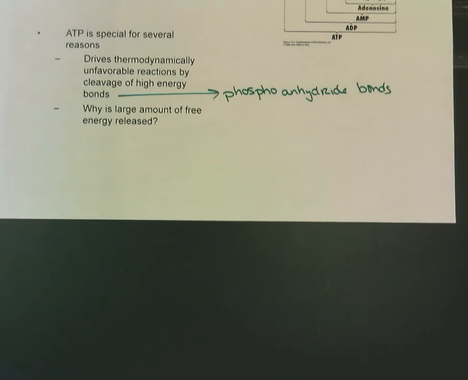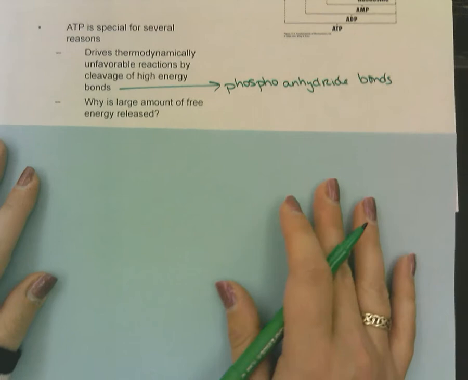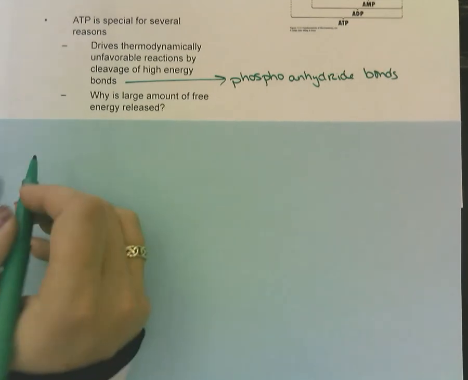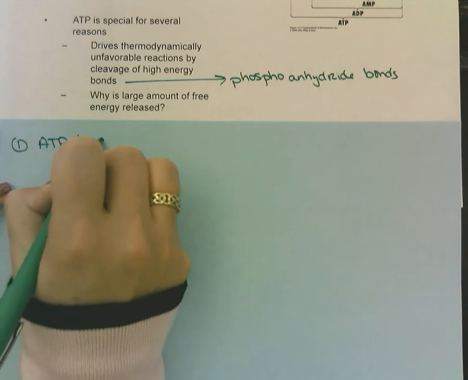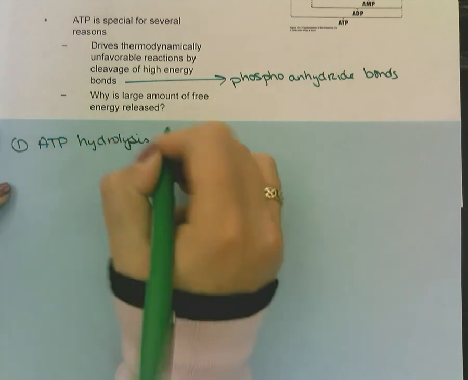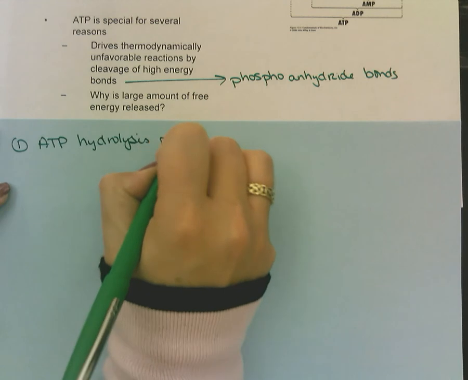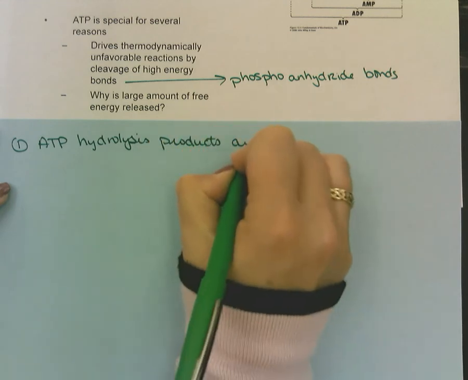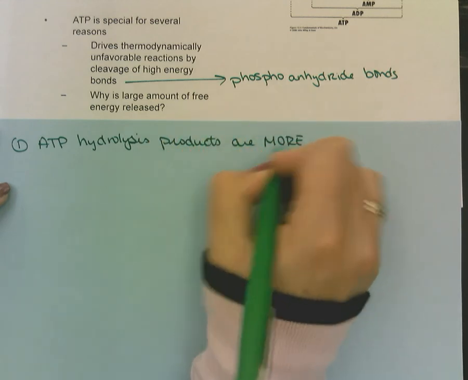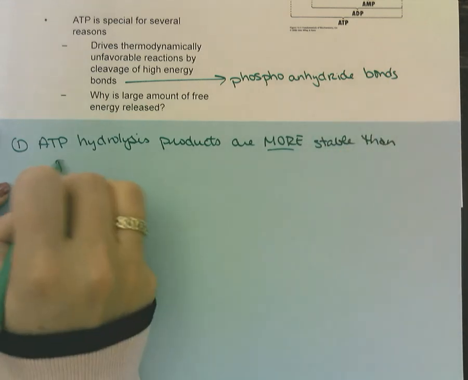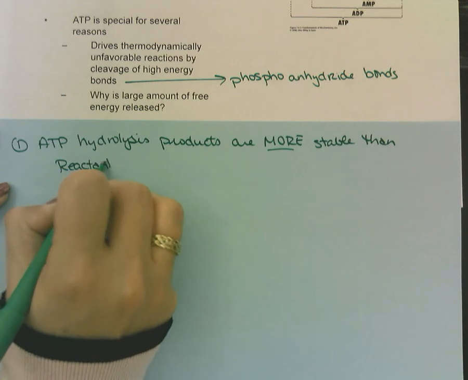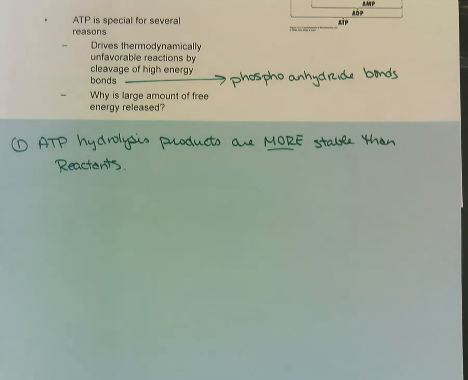There are really two parts to this answer. It turns out that the ATP hydrolysis products are more stable than the ATP reactants.